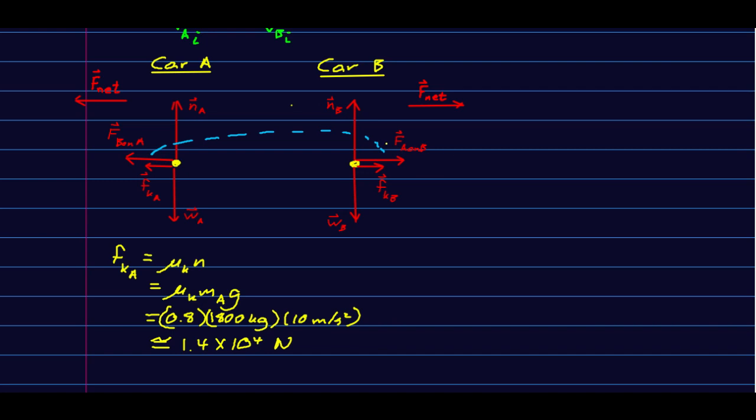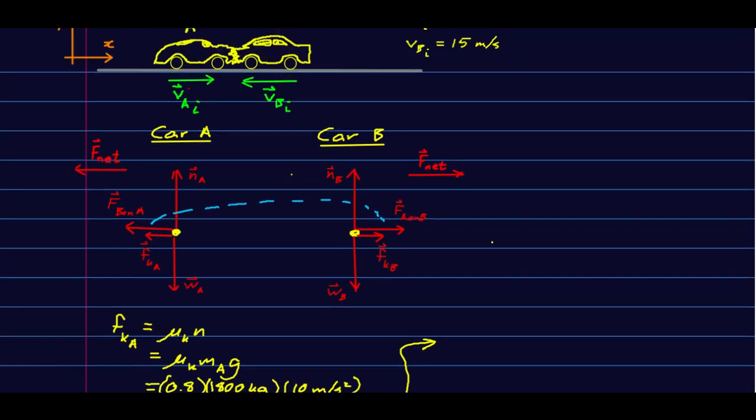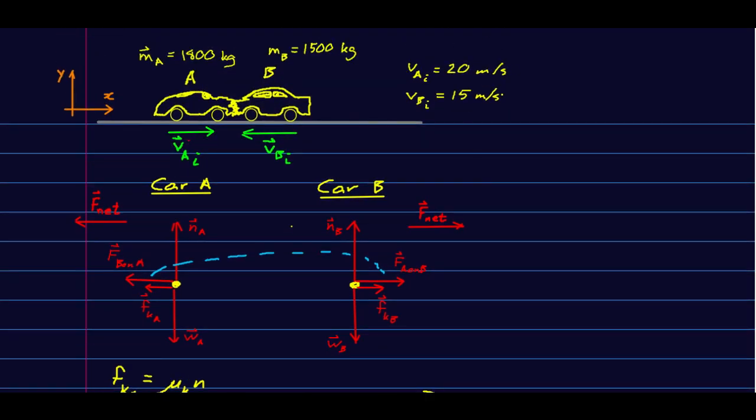But now let's think about these forces that the cars are exerting on each other. And without calculating them, you can reason that they ought to be very big. For example, this friction force, how long would it take for either of these cars to be brought to rest by the friction forces?